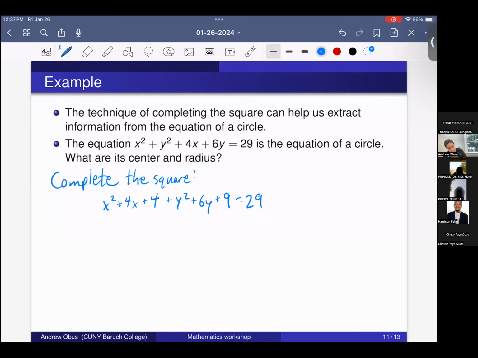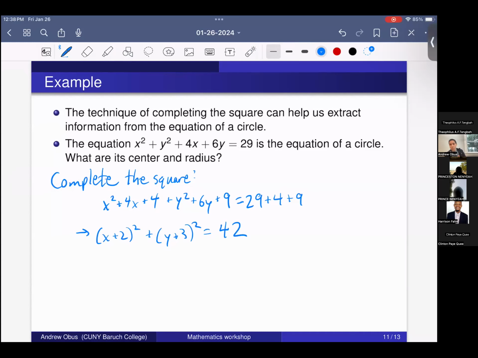But I added a 4 and I added a 9, so I've got to add the 4 and the 9 over here, right? All I did was rewrite the equation by adding a 4 and a 9 to the left side so that I could get a couple of squares, and then I have to add the 4 and the 9 to the other side. So this is going to be x plus 2 squared plus y plus 3 squared equals 29 plus 4 plus 9, which is 42.